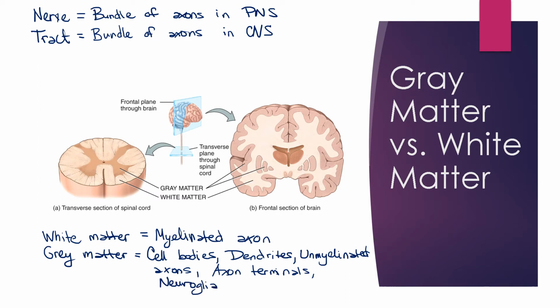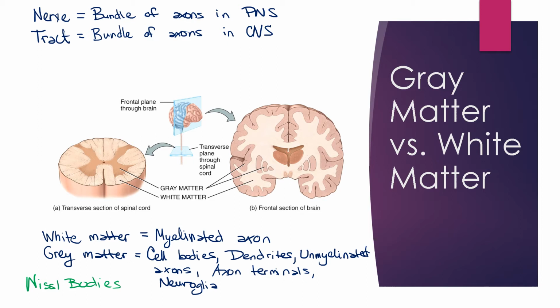Now, gray matter appears grayish rather than white, and this is because of the Nissl bodies. Remember we talked about these Nissl bodies before? They have this grayish color, and so that's where the gray matter gets its color from. There's going to be very little to no myelin within these areas.